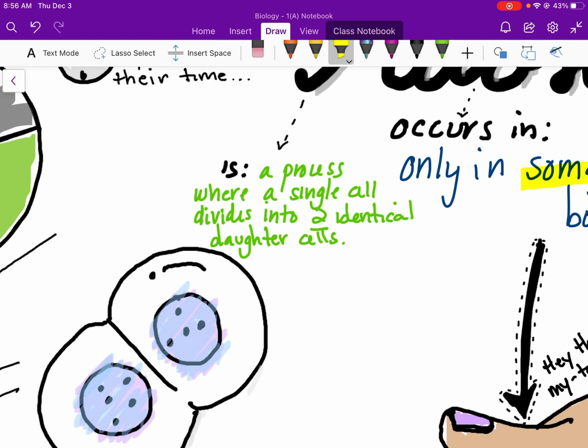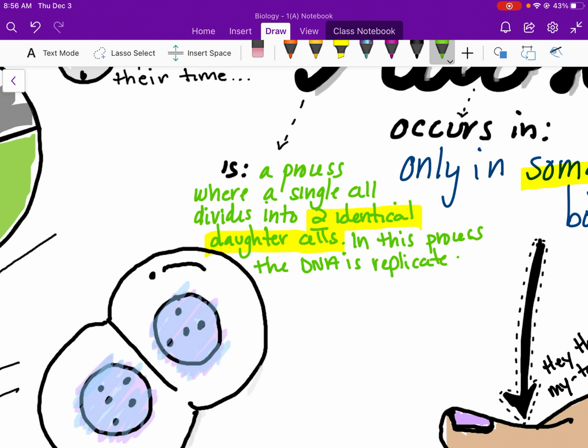I'm going to highlight that for a minute because that's our big takeaway. They're two identical daughter cells. So in this process, the DNA is replicated. So we make a copy. You can write copied if you need to remember what that means. It's copied.